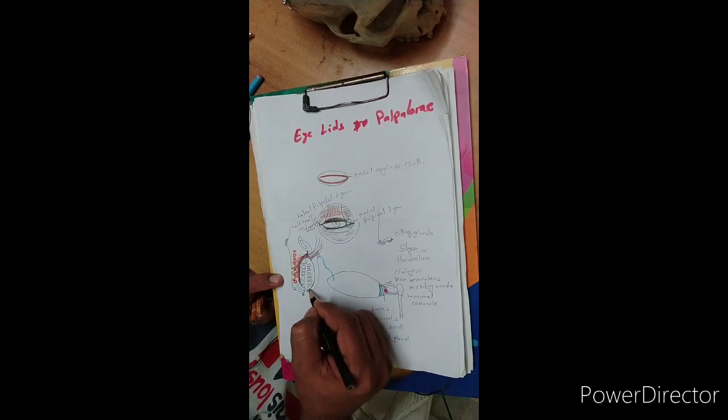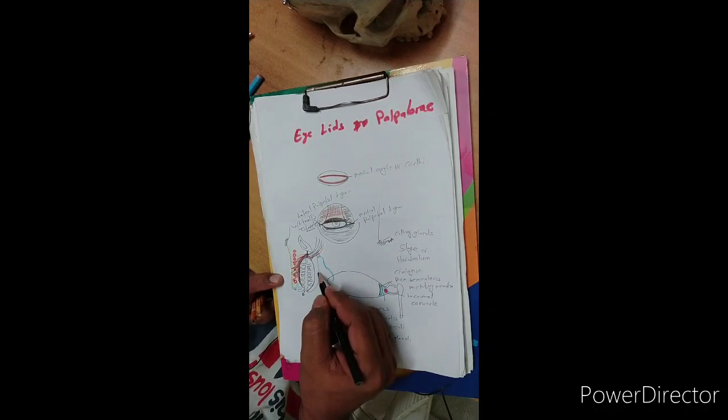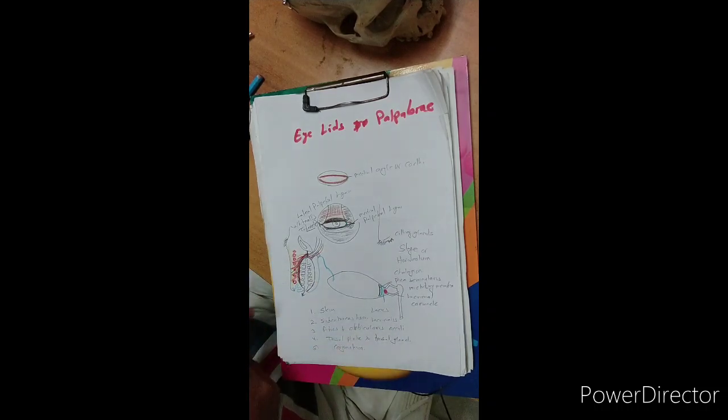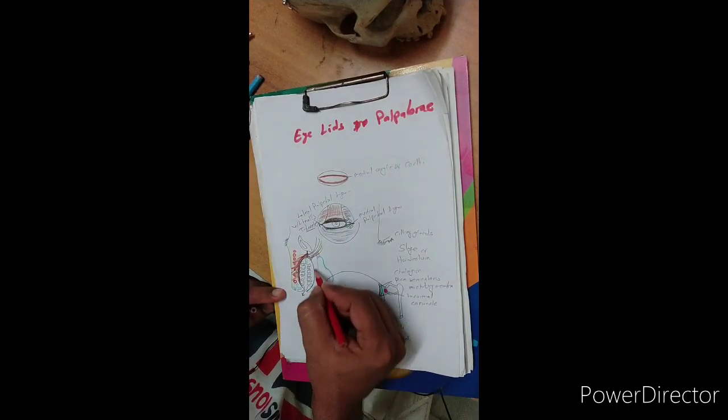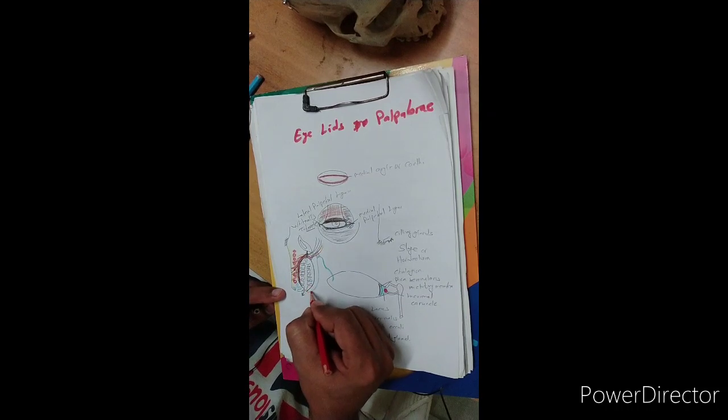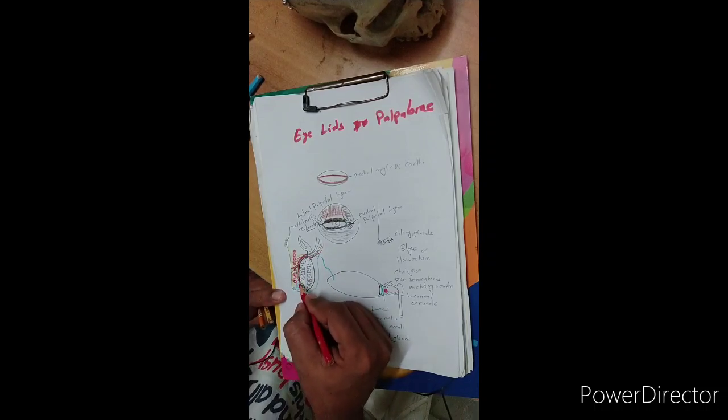Then the next layer is the conjunctiva, the palpebral conjunctiva. This is the palpebral part of the conjunctiva, present in the deeper layer of this eyelid here, and this palpebral conjunctiva continues at the lid margin with the skin.